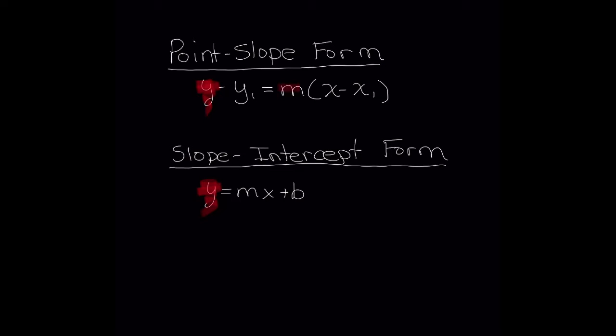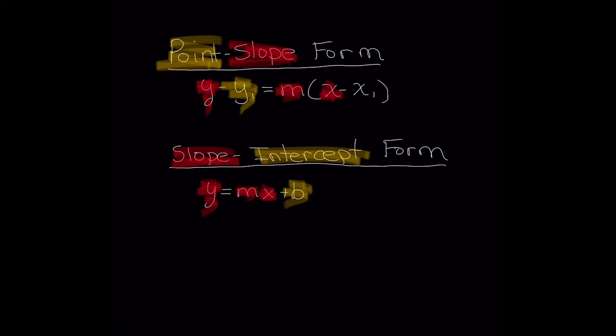And then they both have slope, hence they both have slope in the name of what they're called. And right after slope, they both have your x variable. Now the differences are that slope intercept has an intercept and point slope has a point. So that's really what makes them different.